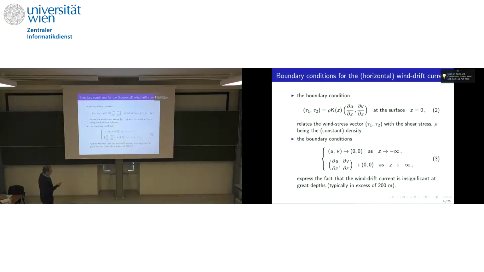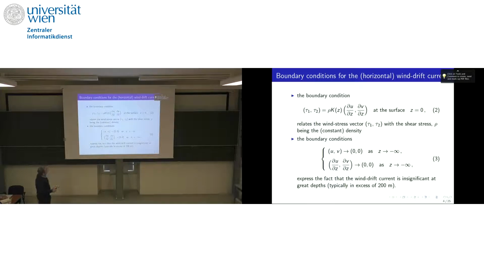The boundary conditions associated with this system are, at the surface, which I will take to be at z equals 0, that the wind stress vector is related to the shear stress in this way. Rho is the constant density.